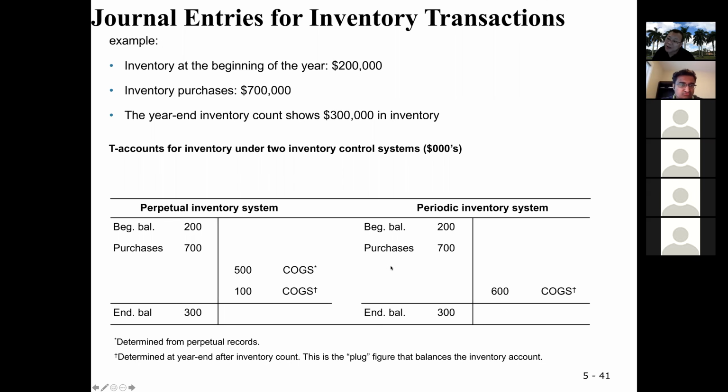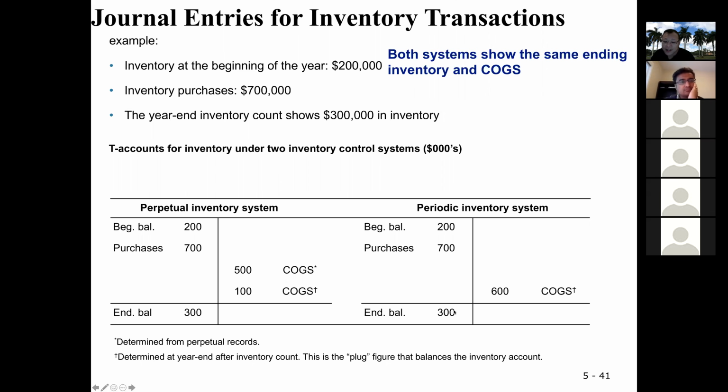Do you see the difference now? What is important is that both systems show the same ending inventory and cost of goods sold. It doesn't matter which system you use; at the end of the day you should have the same amount of cost of goods sold and inventory.